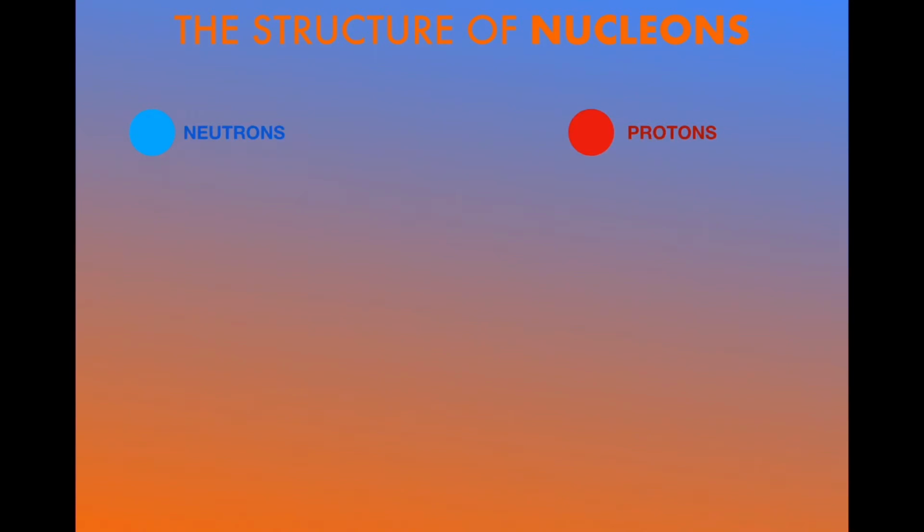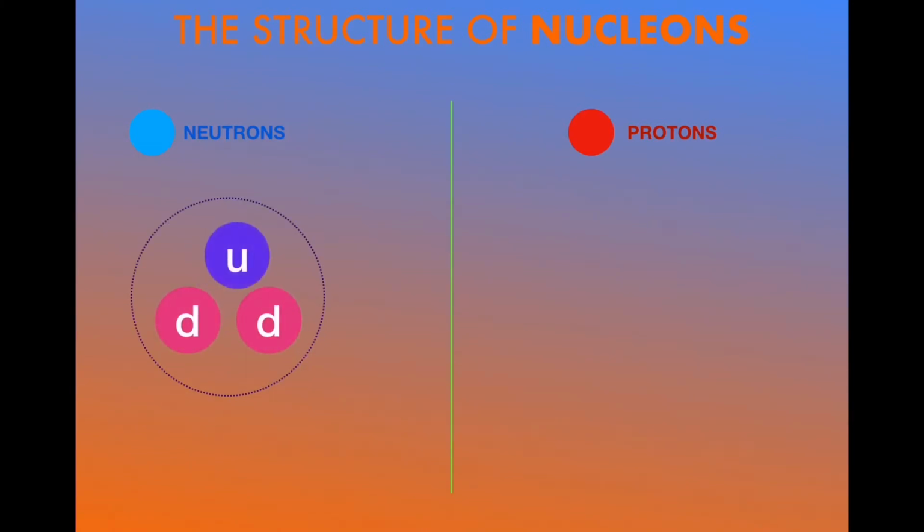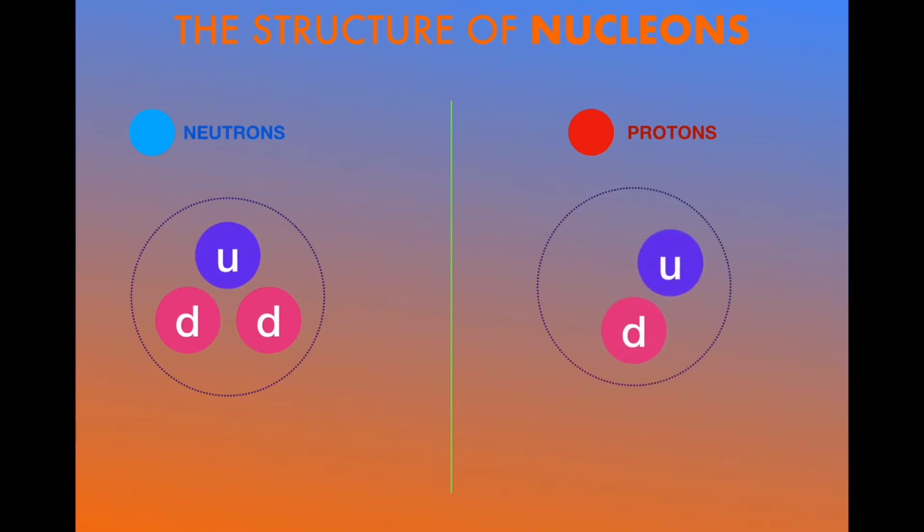Yes, my friends. Just like there are subatomic particles inside atoms, there are, well, elementary particles inside neutrons and protons as well. Protons and neutrons consist of elementary particles, or fermions, called quarks. The neutron consists of one up quark and two down quarks, whereas a proton consists of two ups and one down.